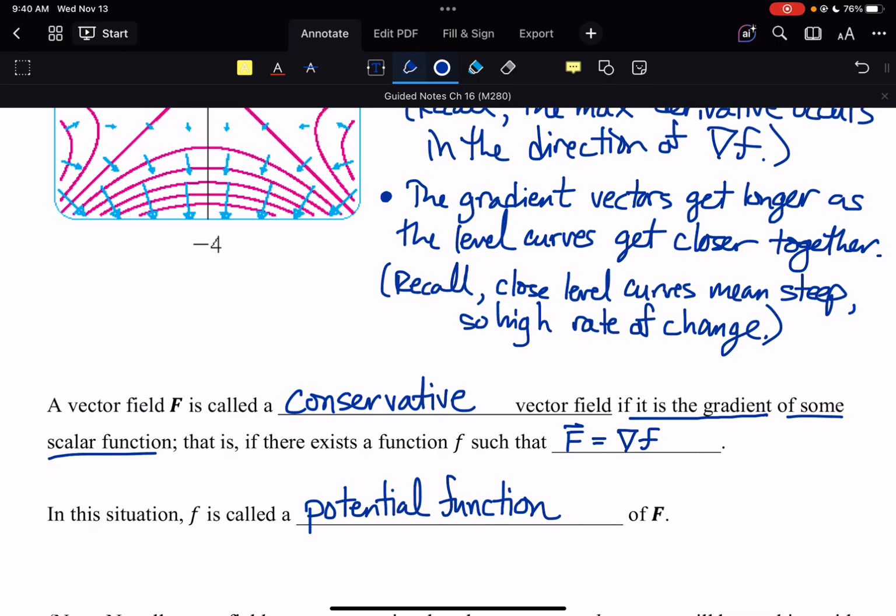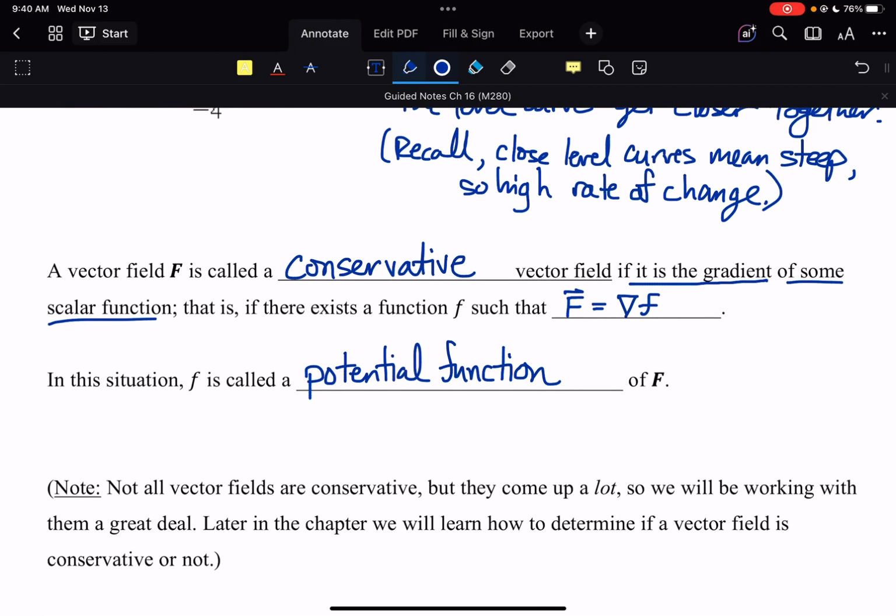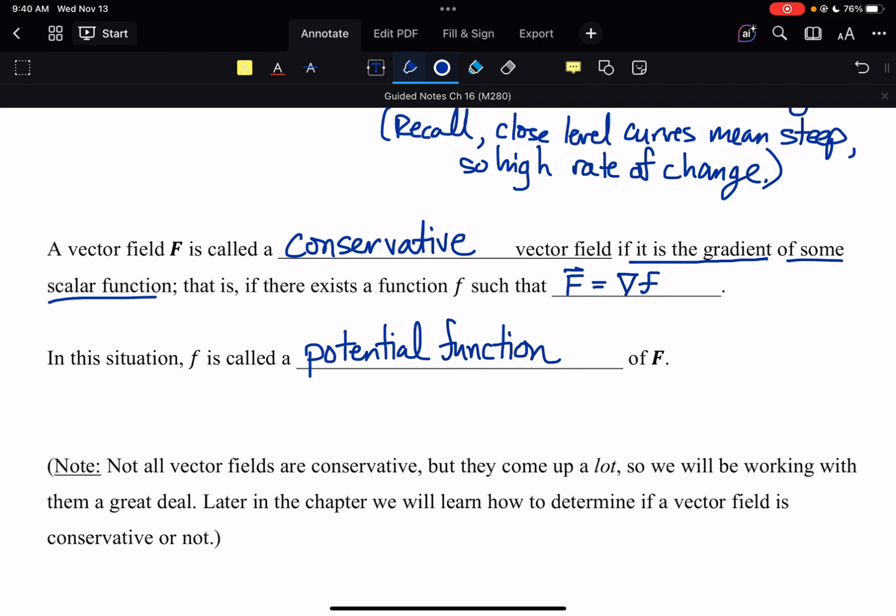A lot of the properties that we're going to be using in this chapter involve conservative vector fields. We're going to be looking at how we determine whether or not a vector field is conservative, what that exactly looks like, how to find conservative vector fields themselves, and how we use them to get a lot of properties in vector calculus. Note, not all vector fields are conservative, but they do come up a lot, so we will be working with them a great deal.